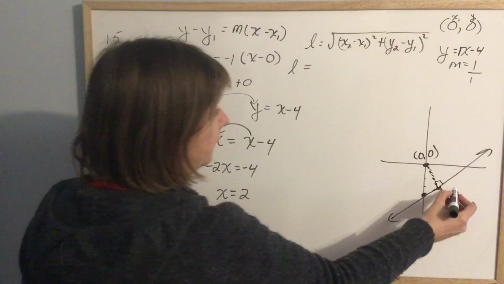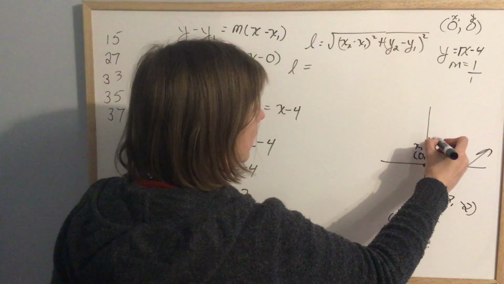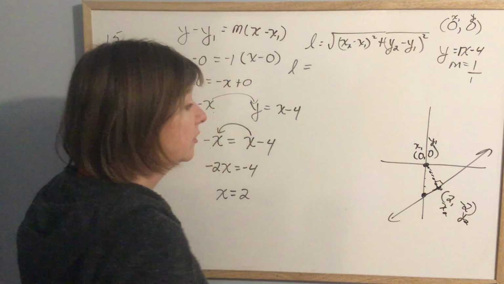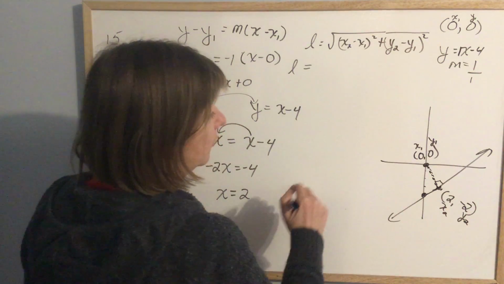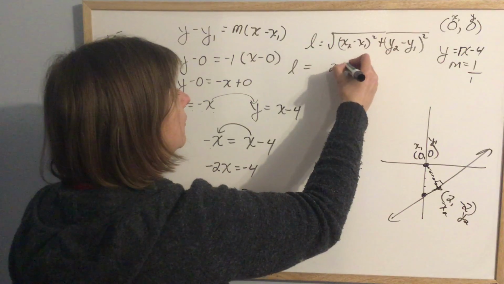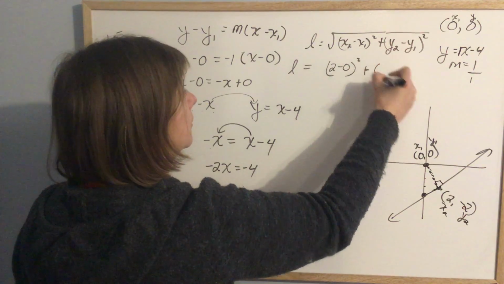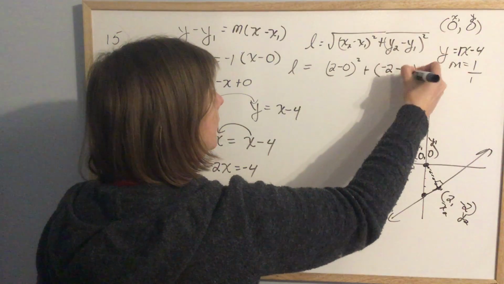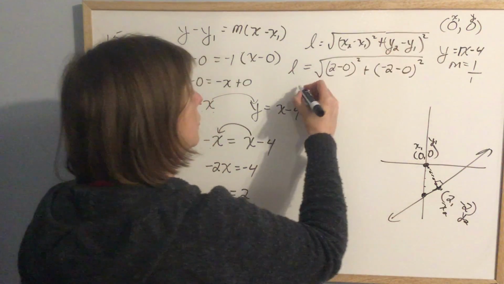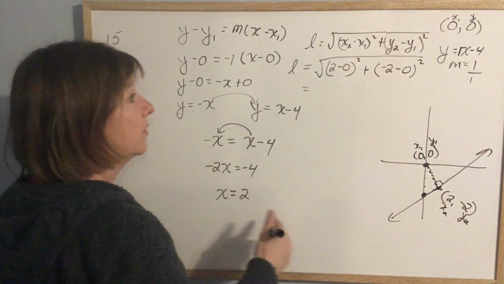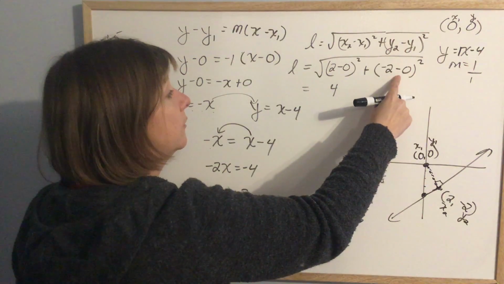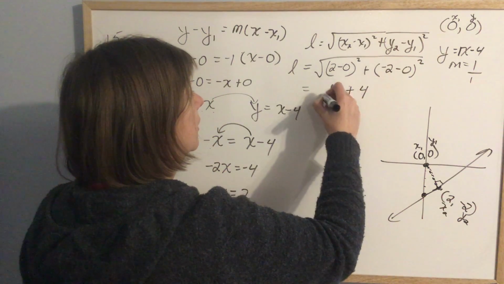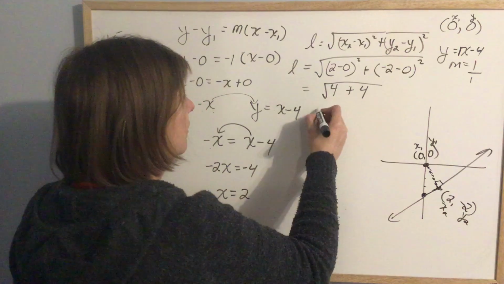So if this is my x1 and my y1, and this is my x2 and my y2, x2 minus x1 would be 2 take away 0 squared plus -2 take away 0 squared, and then I'll take the square root of it. So 2 take away 0 is 2, squared is 4. -2 take away 0 is -2, but squared is +4. So I have the square root of 4 plus 4.